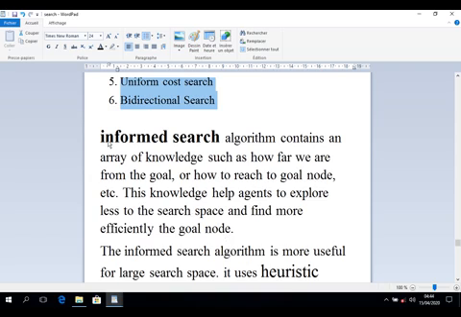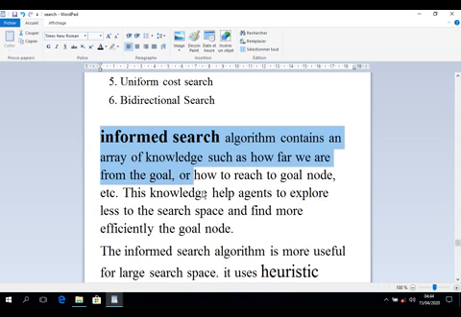So these are the uninformed search control strategies, or the blind search algorithms. So they will be explained in the subsequent lectures.